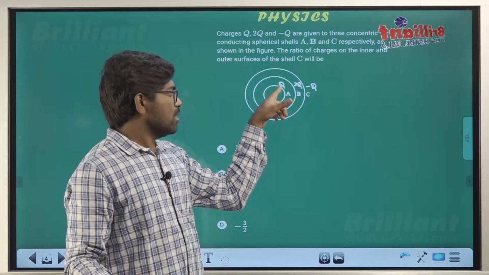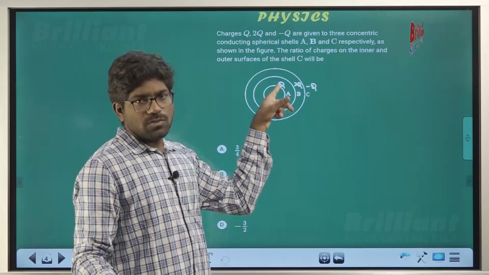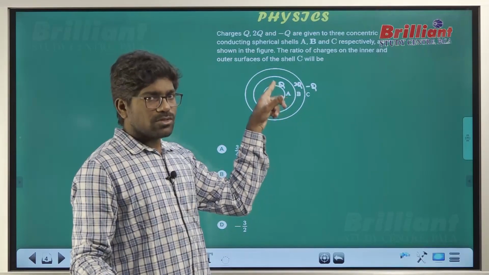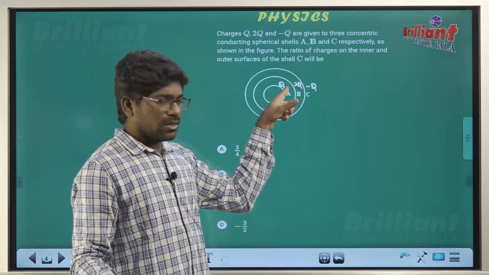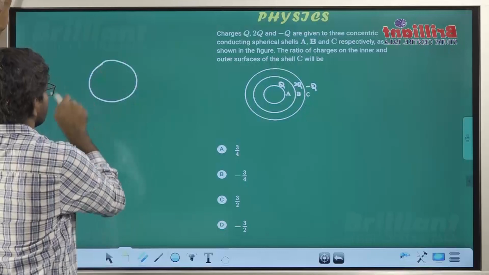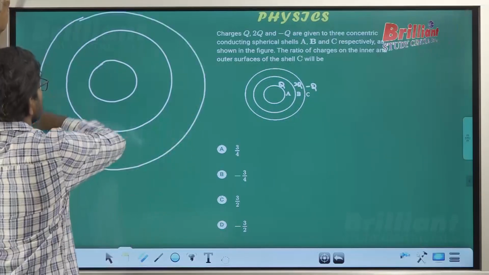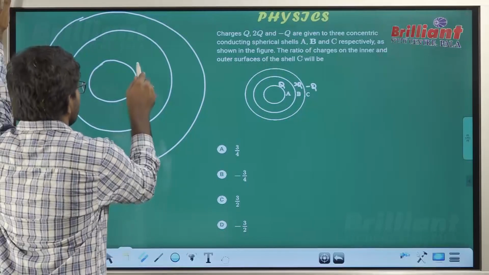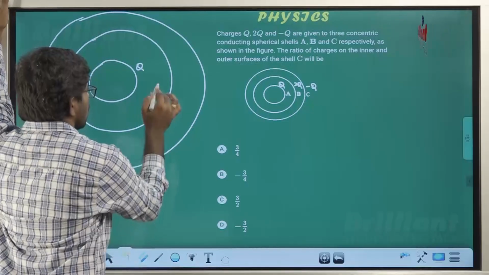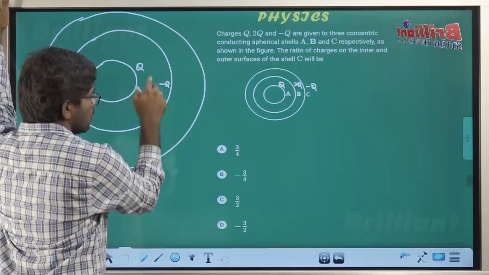So entire charge will be here itself, Q. To balance that Q, there should be minus Q, which should come on the inner surface of C. Here Q. How much should be here? Here it should be minus Q, so that the net will be 0.